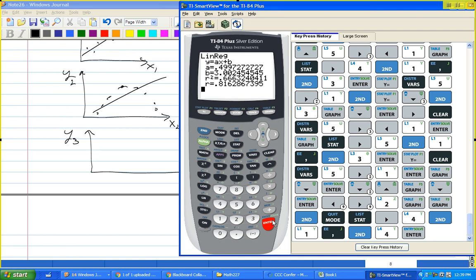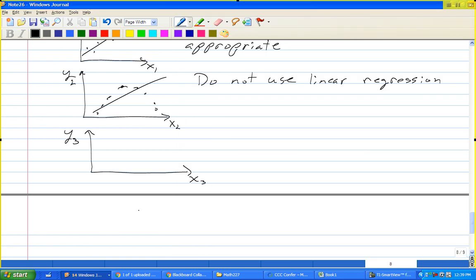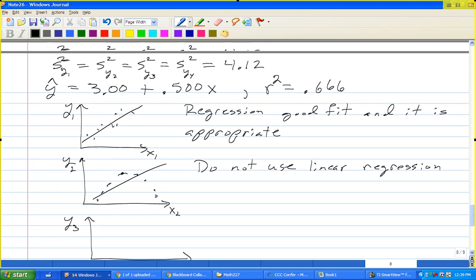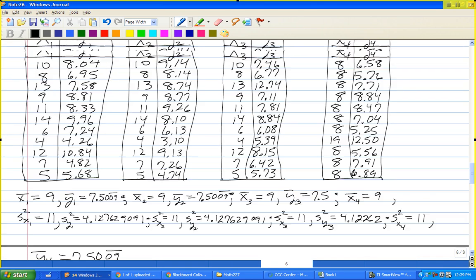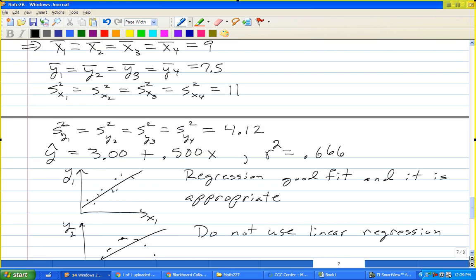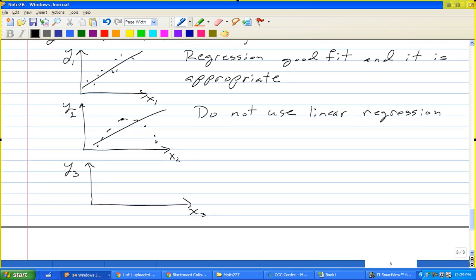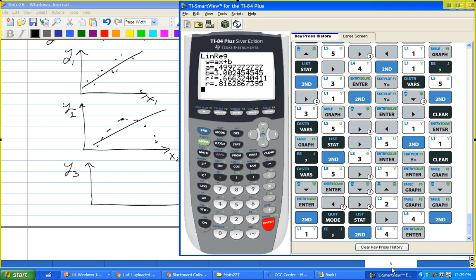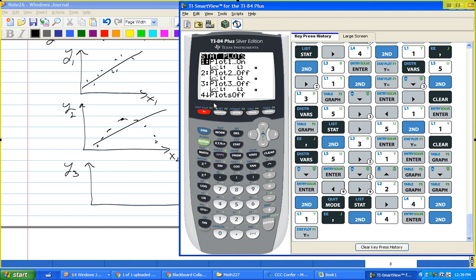Let me just check for 1 second. X3, Y3 is L1, L4, yes. Let's go to the stat plot. And so I want L1, L4.